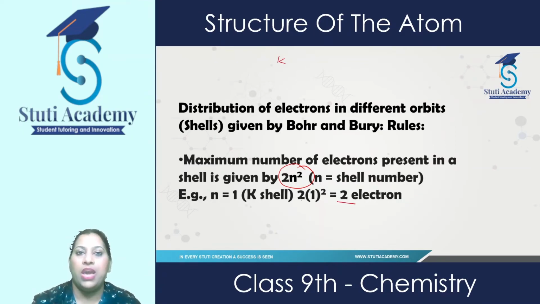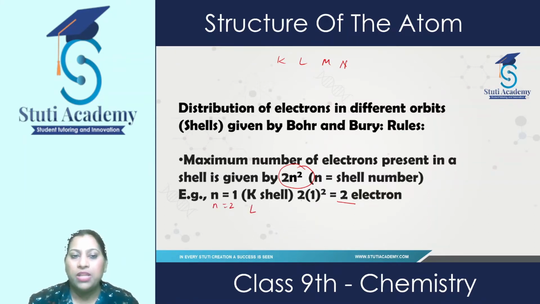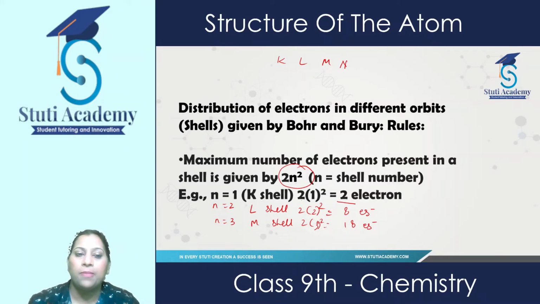We have K, L, M, and N. If n is equal to 2, we are talking about the L shell. According to the formula, 8 electrons can be accommodated. If n is equal to 3, it is the M shell, and 18 electrons can be accommodated into it.